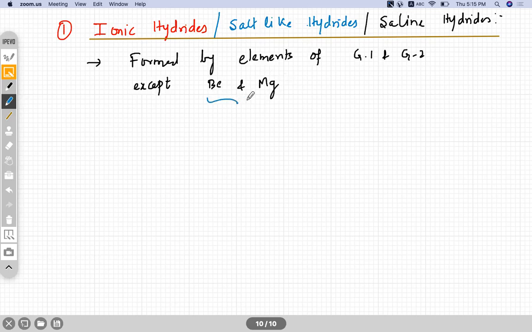Beryllium and magnesium form covalent hydrides along with p block. The reason is Fajan's rule. Okay, small size, more polarization and covalent character. Okay, properties you write down.